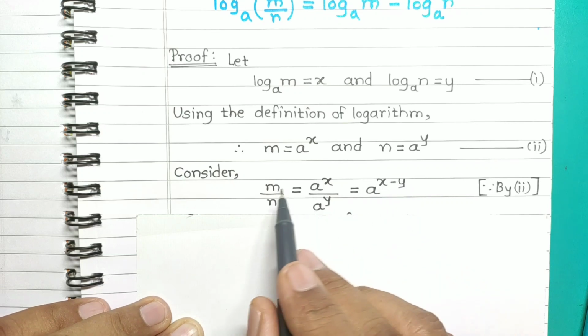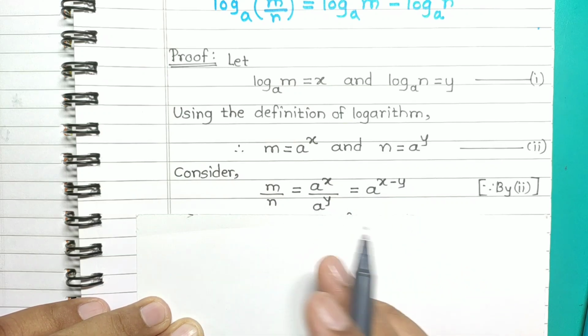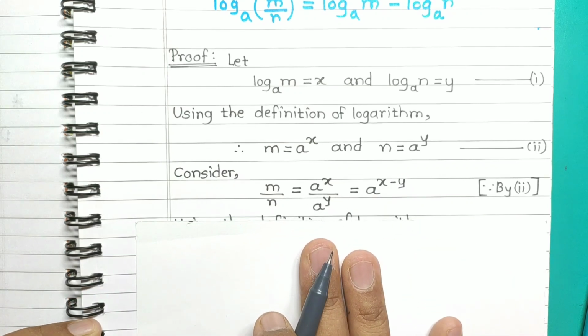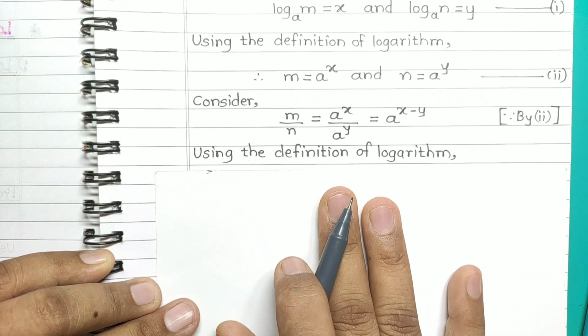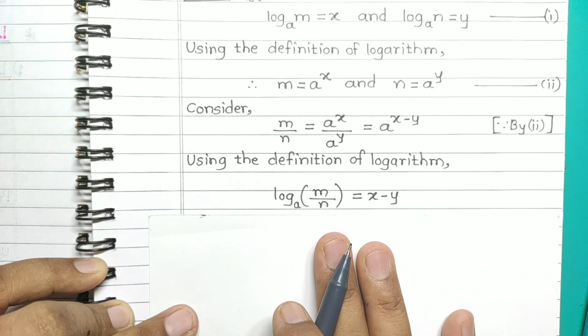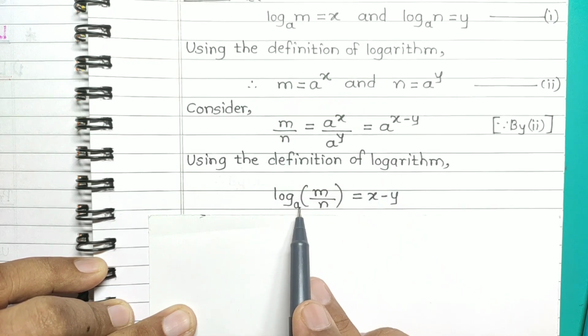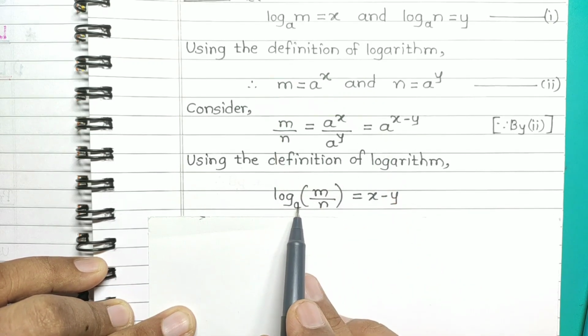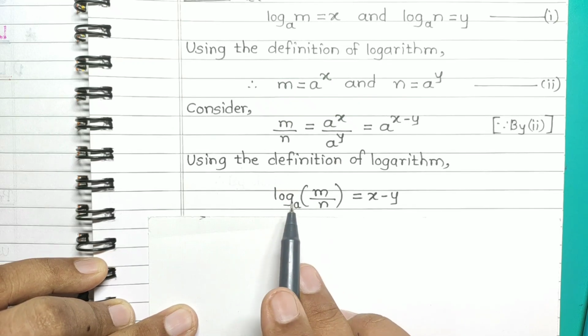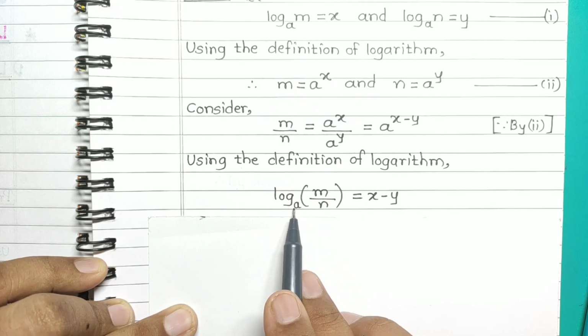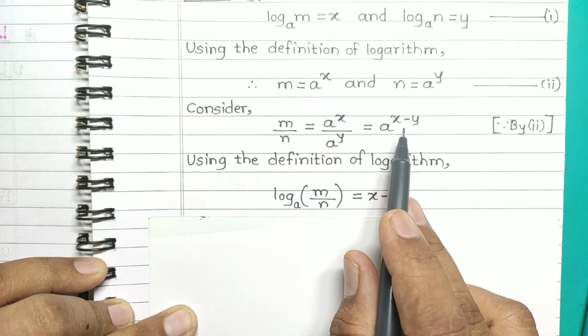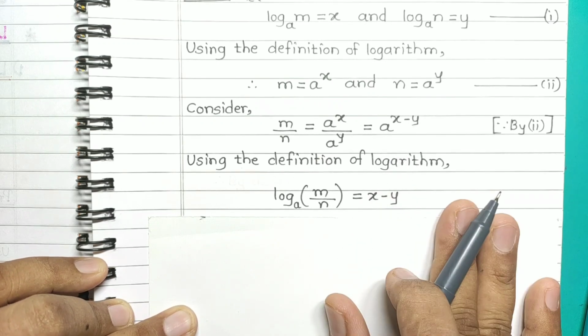Now we are going to convert this exponential form to logarithmic form again. So using the definition of logarithm, we have log of m by n to the base a. See, the base here is a and here also the base is a. So log of m by n to the base a is this power, x minus y.